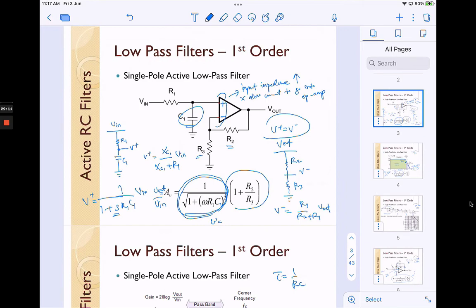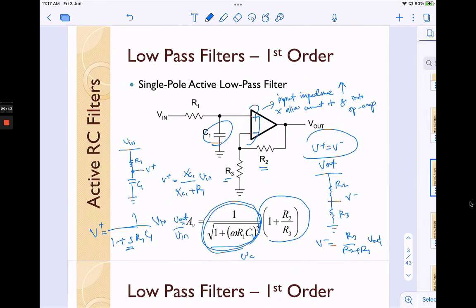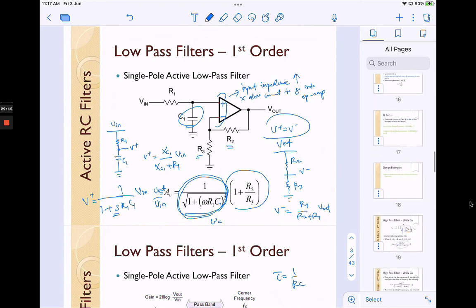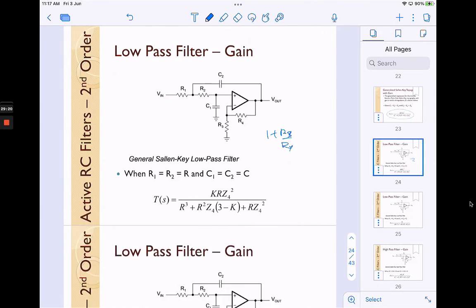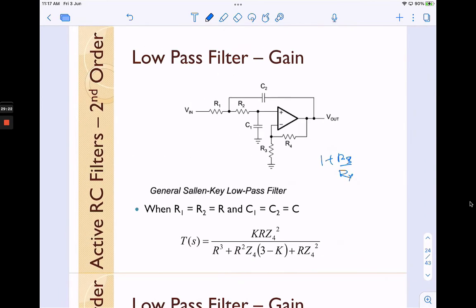So we have here R4 over R3, like this. So maybe I will do a separate video for the derivation for the Sallen-Key later on, and how you can get this term.